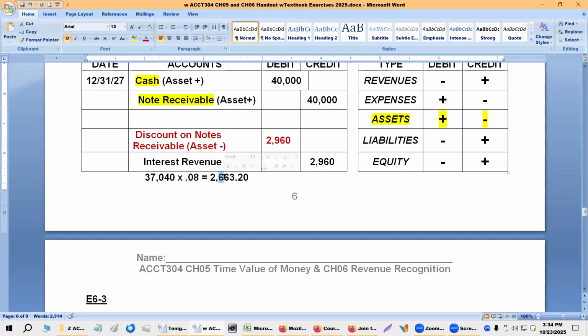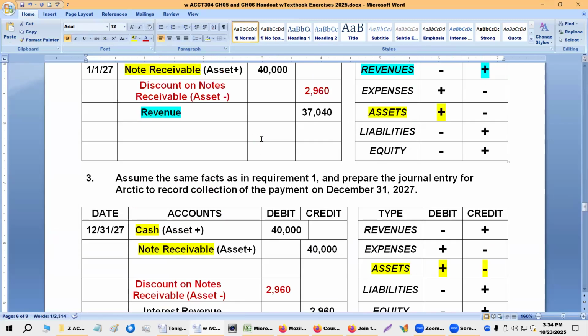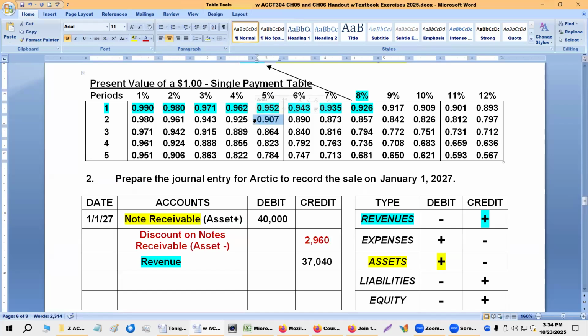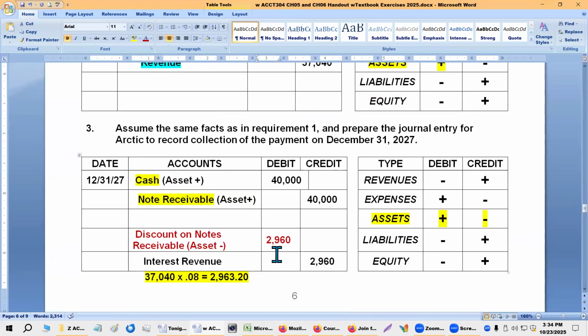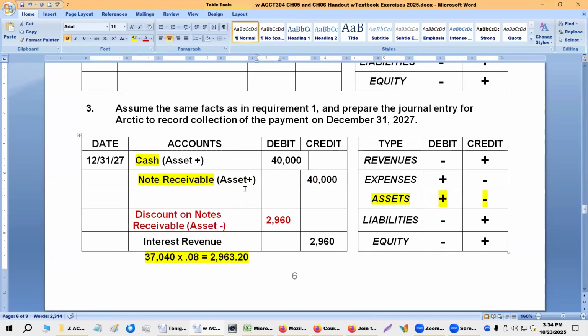Let me fix that. So if you actually do the calculations, it's off by $3, something like that. You know that this is what you're actually having the interest on. Pretty close, and that would have to do with the fact that these are rounded. If you were to have more decimal places, this would have been a more exact number. But it's pretty close.